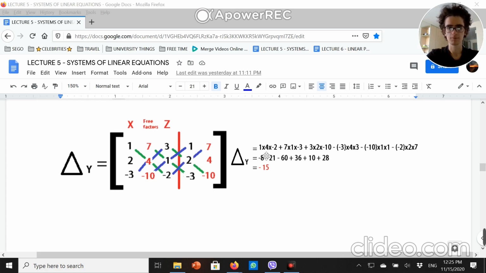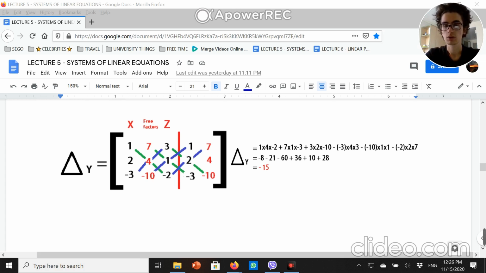So what will we have? 4 times 1 times negative 2 plus 7 times 1 times negative 3 plus 3 times 2 times negative 10 minus negative 3 times 4 times 3 minus negative 10 times 1 times 1 and minus negative 2 times 2 times 7. So when we simplify this, we would get negative 8 minus 21 minus 60 plus 36 plus 10 plus 28. And the solution for delta y will be negative 15.